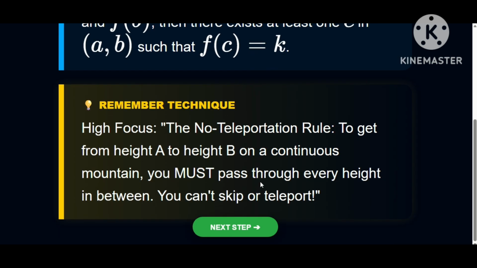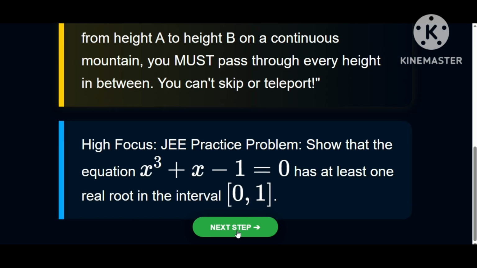It is not a big concept. There is no teleportation rule. To get from height A to height B on a continuous mountain, you must pass through every height in between. You can't skip or teleport.